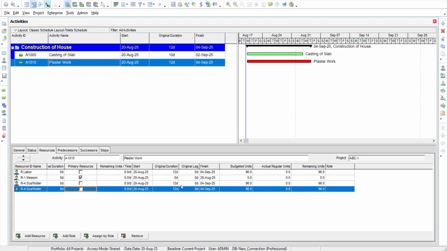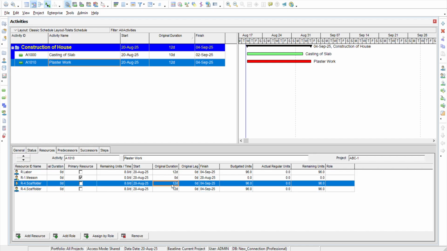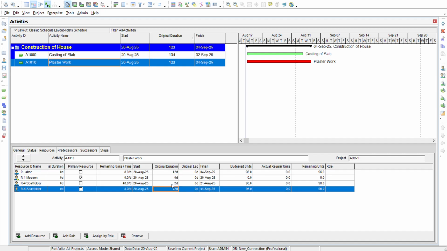Now, the original duration here means that this scaffolder will be working 12 days on the plasterwork activity, but I need 2 days of scaffolders at the start and then 1 day at the end.